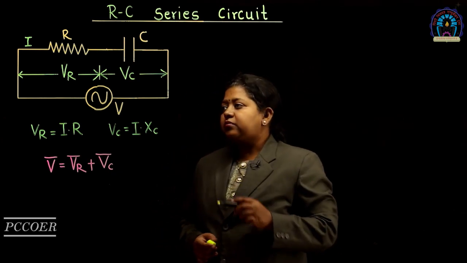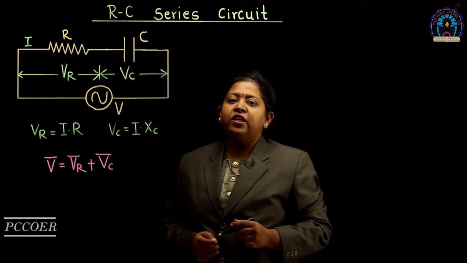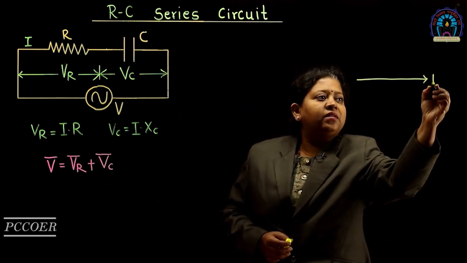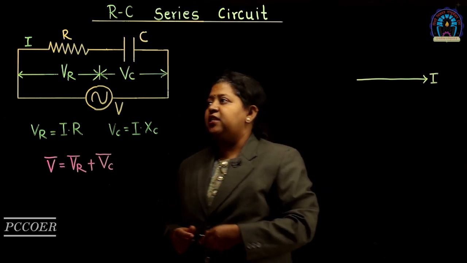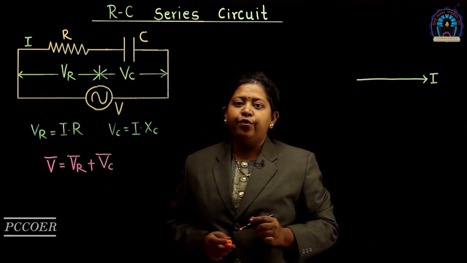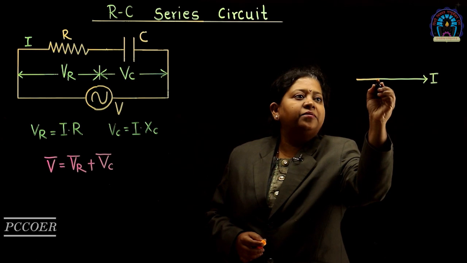Here, current is common to both resistor and capacitor. So, we will consider current as the reference phasor. For resistor, the voltage across resistor and current flowing through resistor are in phase. So, we need to draw VR along current.